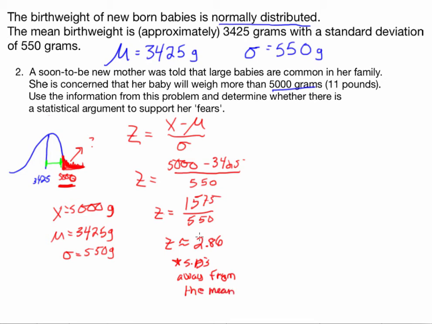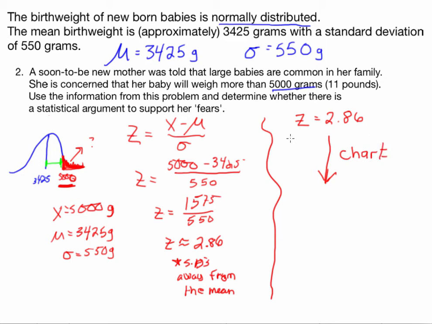Now, why is that important? Because on our z-score chart, if we look up a z-score of 2.86 on the chart, let's see what we get. So what I'm going to do is look up 2.86 on the chart.